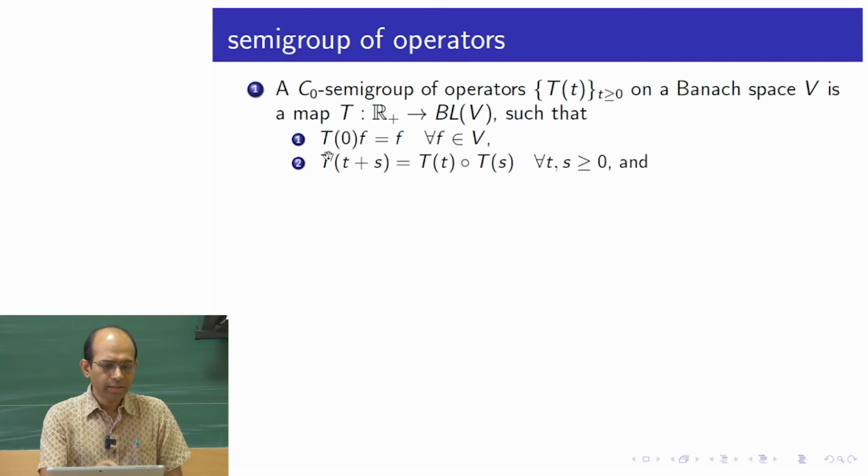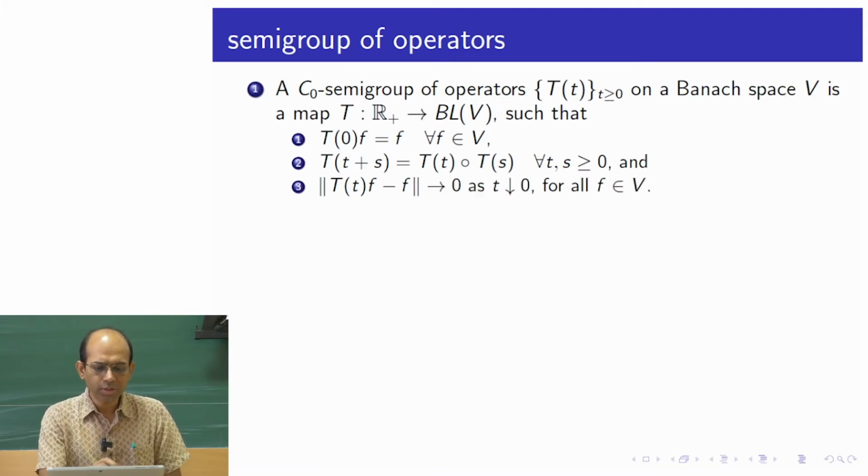Then the semigroup property: capital T of t plus s is nothing but capital T of t composed with capital T of s, for any t and s non-negative.